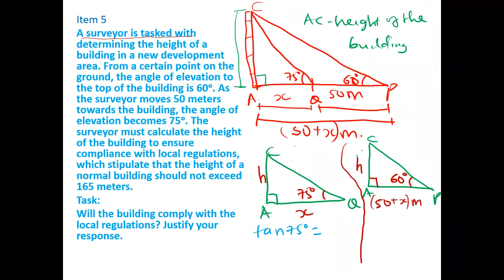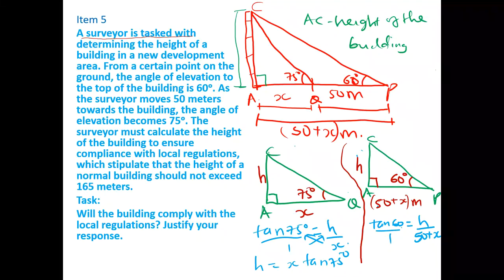Our opposite is H and our adjacent is X. So I cross multiply and get H equals X tan 75 degrees. Then also tan 60 is equal to H over 50 plus X, because H is the opposite and the adjacent is 50 plus X.